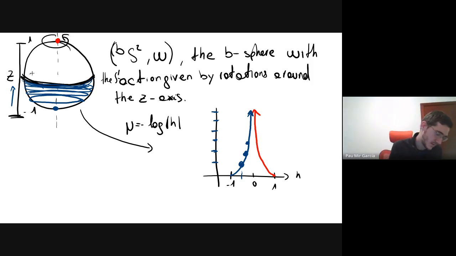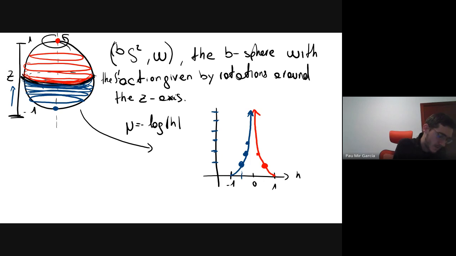The same happens in the north cap. Let me finish drawing the sphere, the upper singular surface, and then you have a Born-Sommerfeld leaf here, another one here, but again an accumulation when you approach the equator.